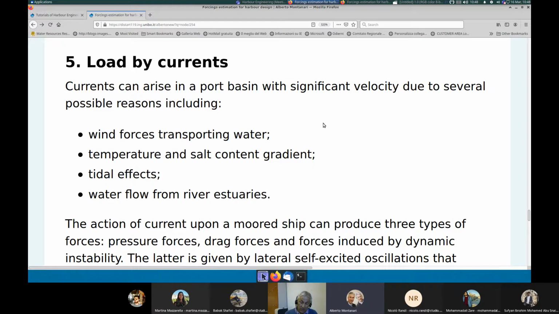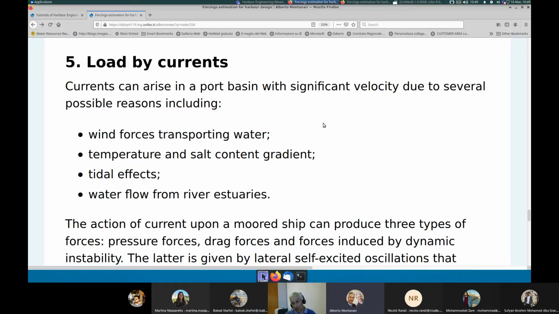First of all, these are more frequent in large harbors, of course, and harbors that have a direct exposure to the seafront. So we may have wind forces that originate currents, and we may also have currents originated by gradients of temperature and salinity.